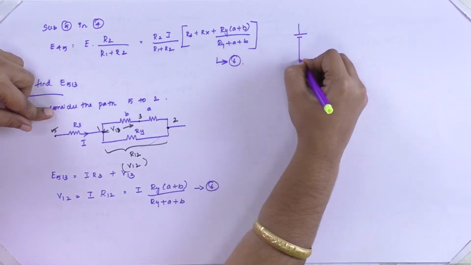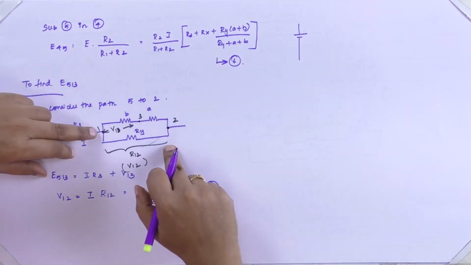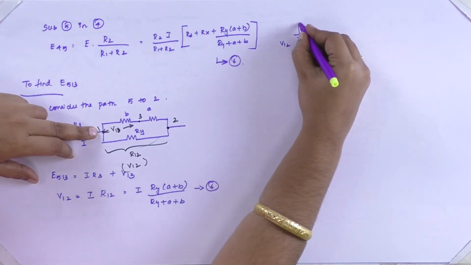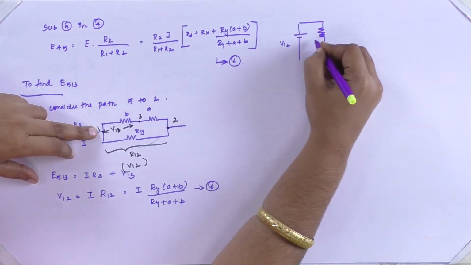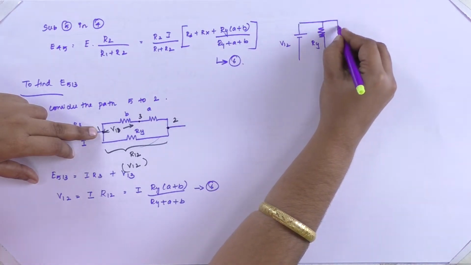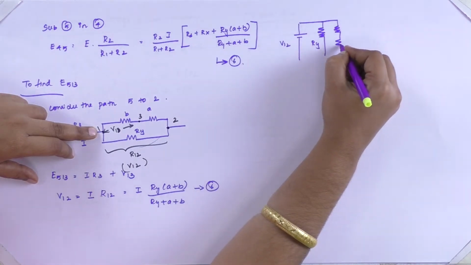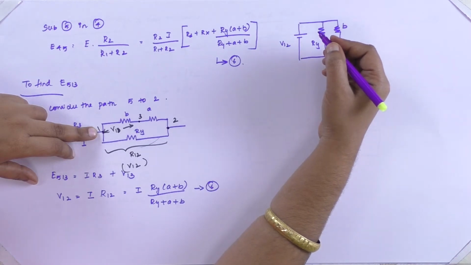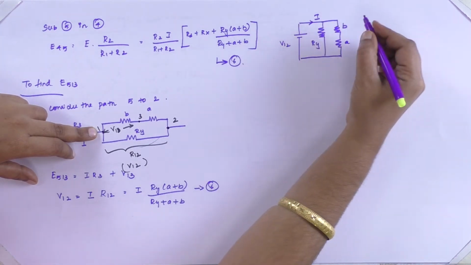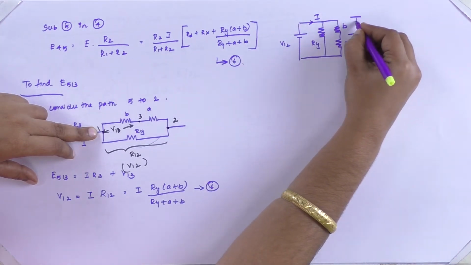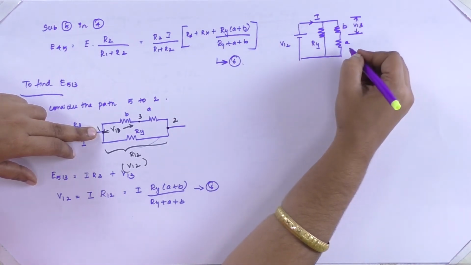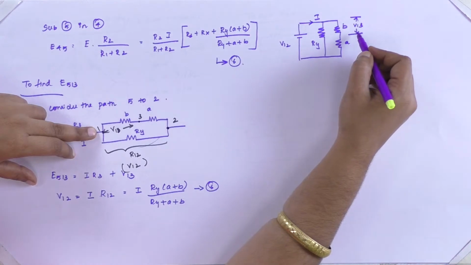V12 is the drop between these junctions 1 and 2, connected across the two parallel branches Ry and A and B, that is B, A and Ry. The current is taken as I, and the drop across B is taken as V13. From this circuit I need the value of V13.